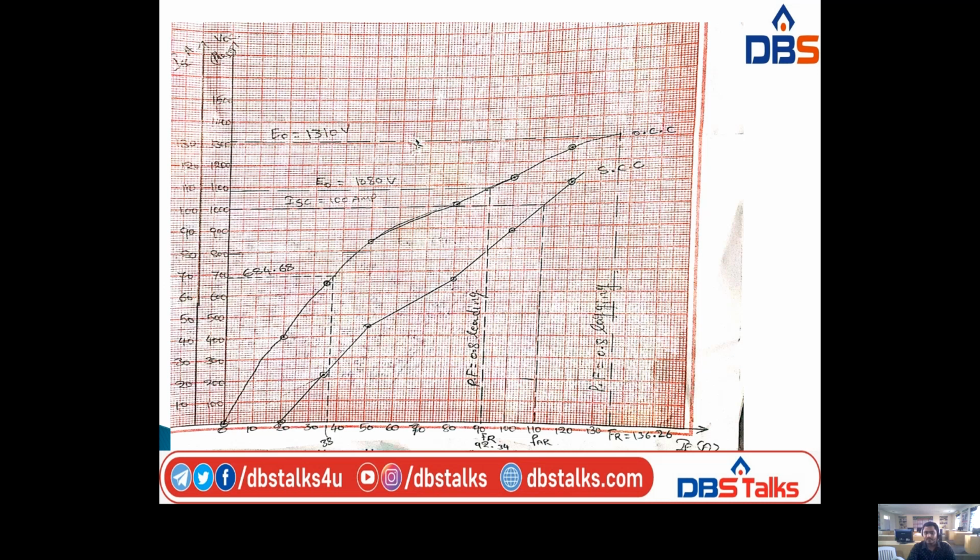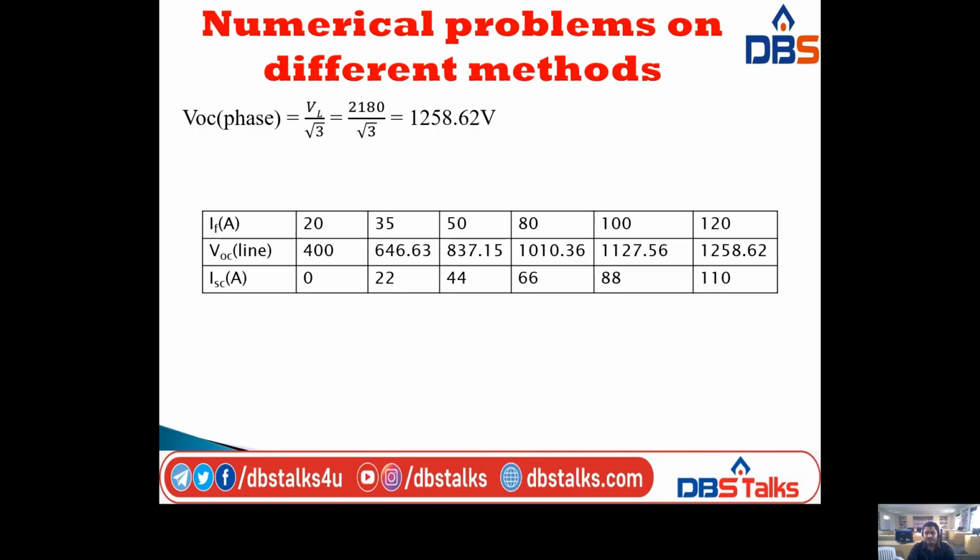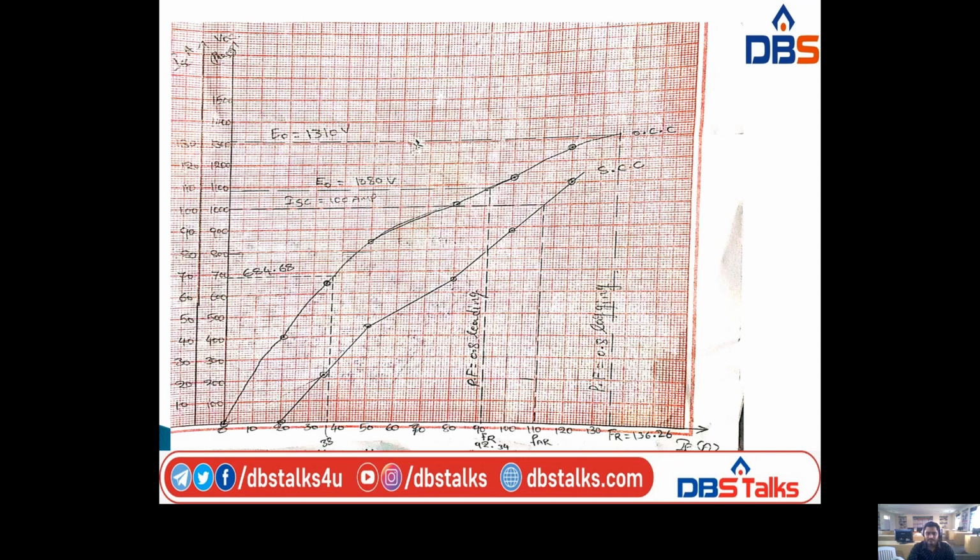Firstly, I am taking the open circuit voltage, the phase values from the calculated data, which vary between 400 to 1258.62. So I am taking the scale from 0 to 1500, with VOC equal to 100 volts per division, that is 0, 100, 200, 300, 400, 500, 600, 700, 800, 900, 1000, 1100, 1200, 1300, 1400, and so on.